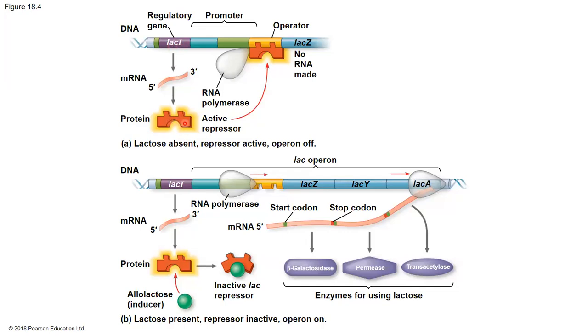This LAC-I encodes an active repressor, and this active repressor binds to the operator, and there's no transcription or no RNA, and the operon is turned off. This is the default state or the normal state.